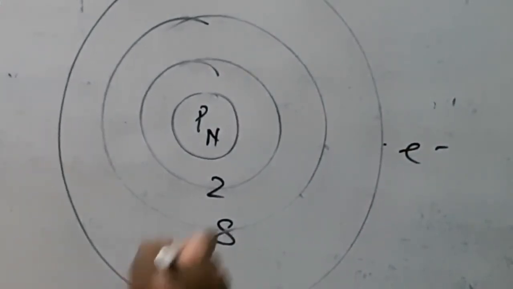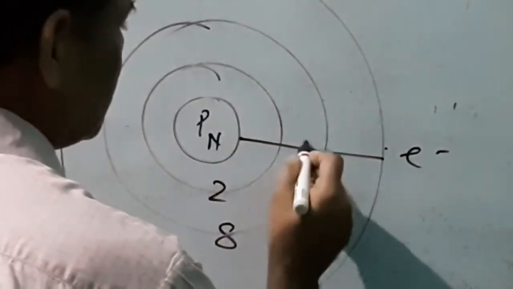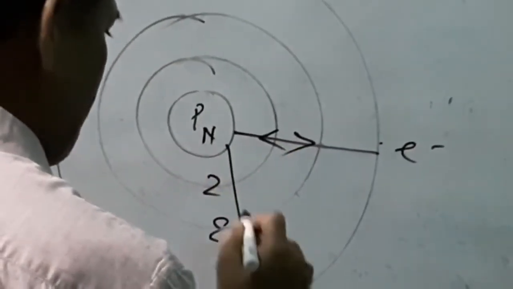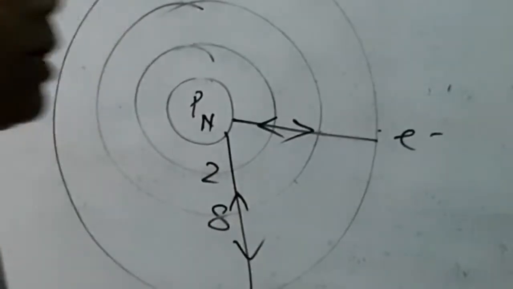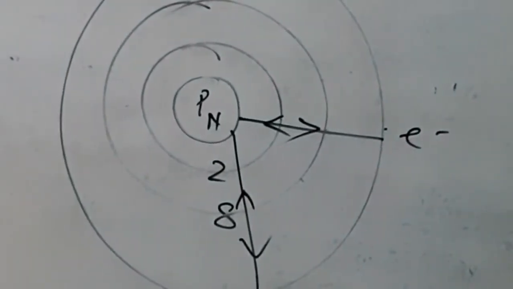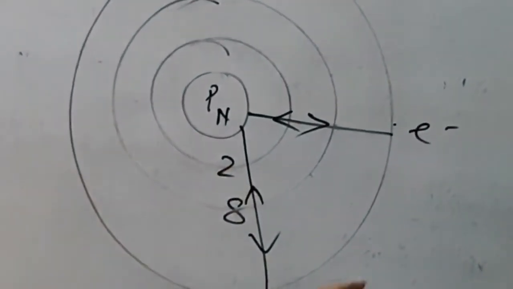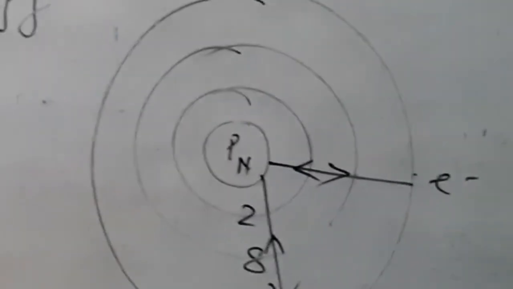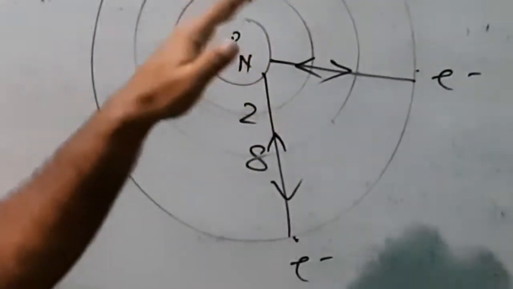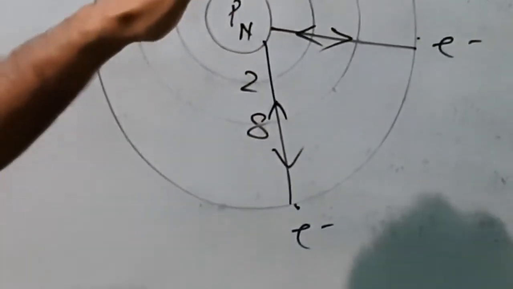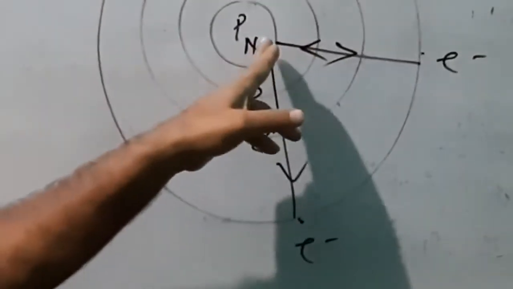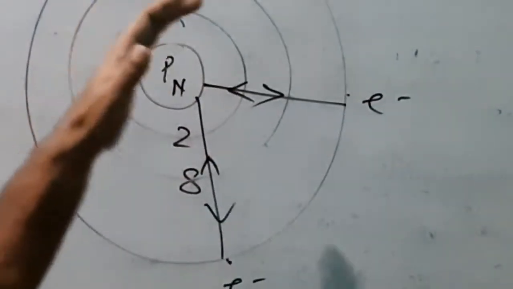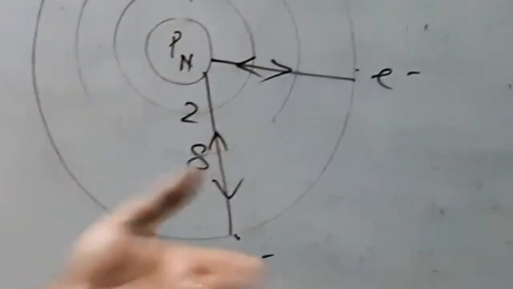So what happens, as you know, these two forces act simultaneously. The nucleus tries to pull the electron inwards and the electron tries to pull the nucleus outwards.